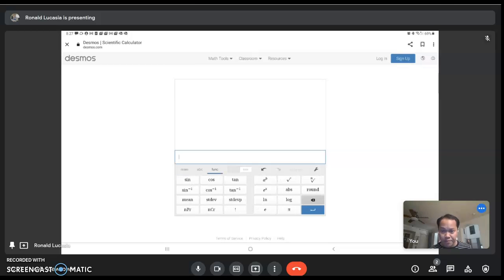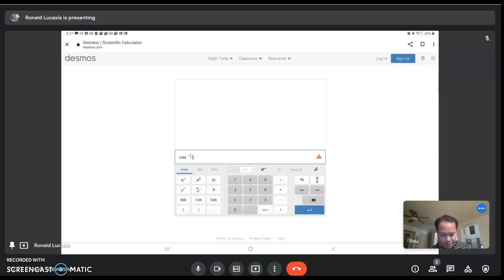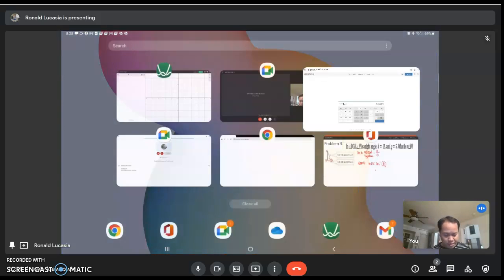So inverse of cosine, and then 5 divided by 13, that is 67.38. If your calculator is not in degree, if it is expressed in radian, this will give us 1.17. Okay? So the calculator must be in degree to get 67.38.